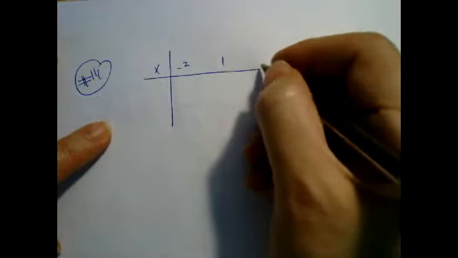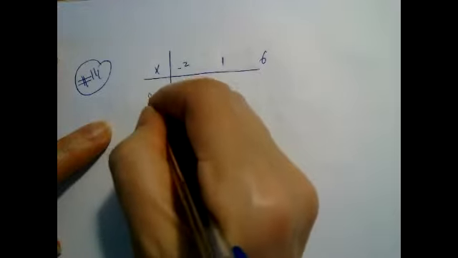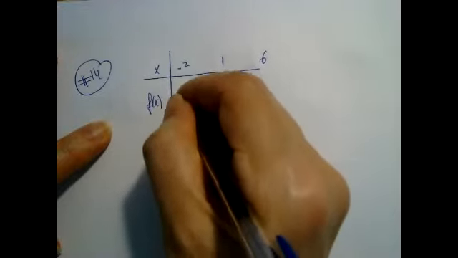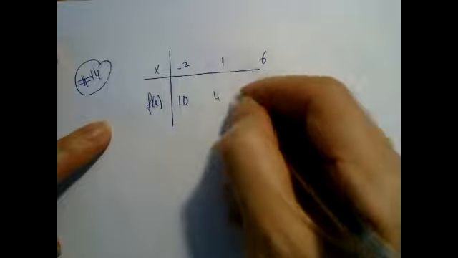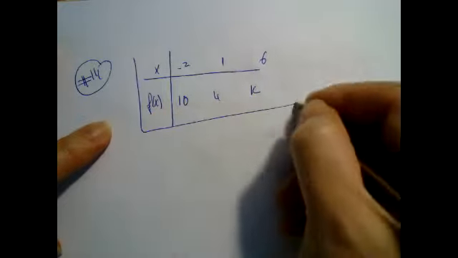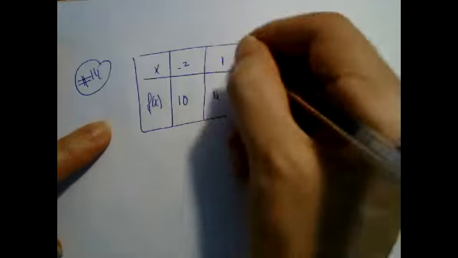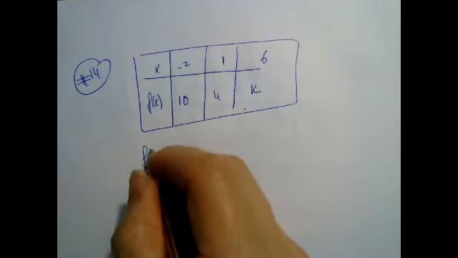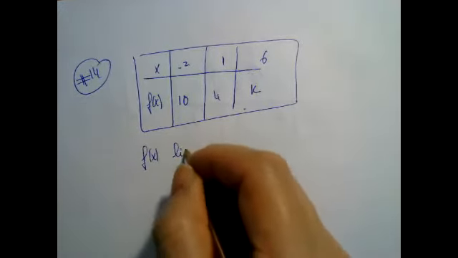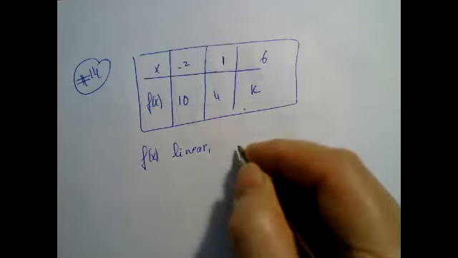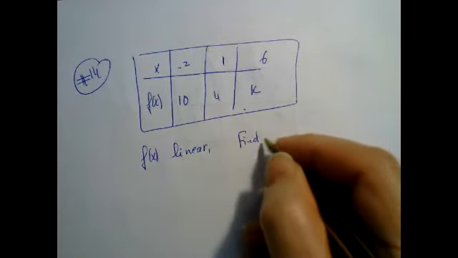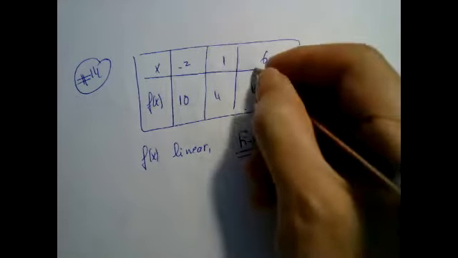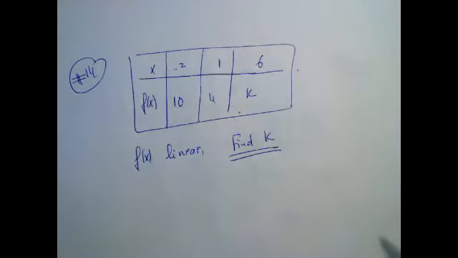1 and 6, and f of x is tan 4k. Okay, so I'm telling you that f of x is linear. I'm giving you that. Find k. Okay.